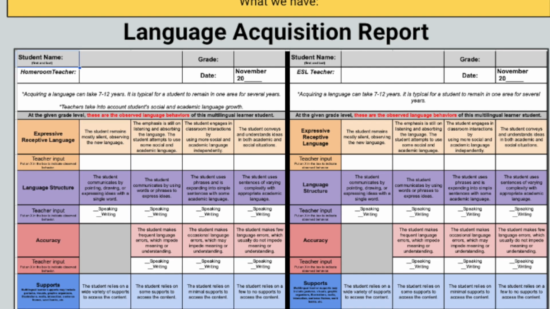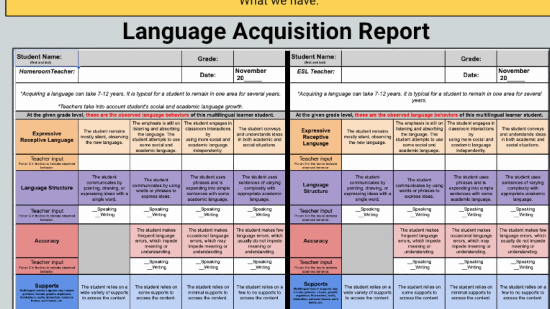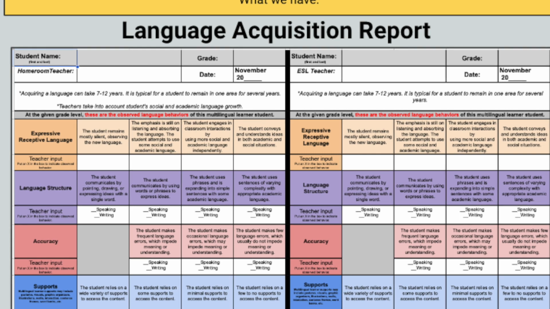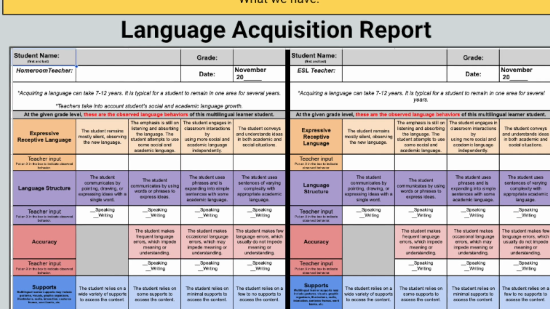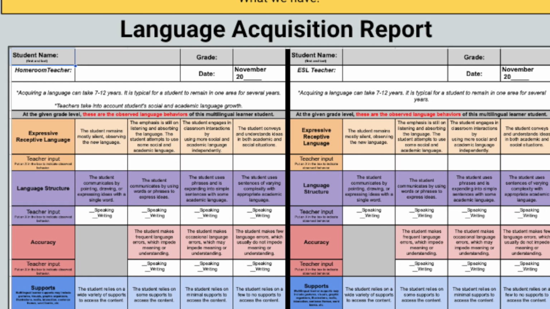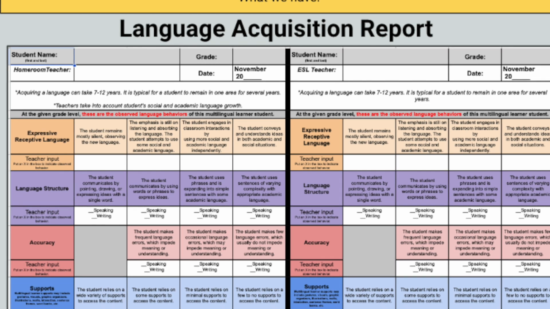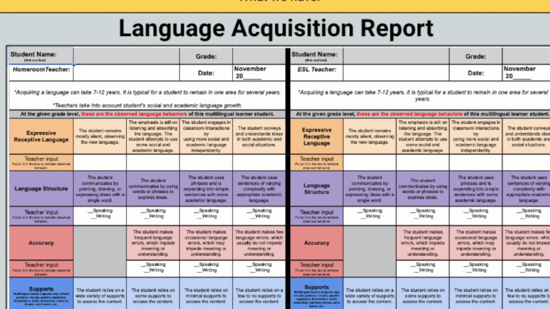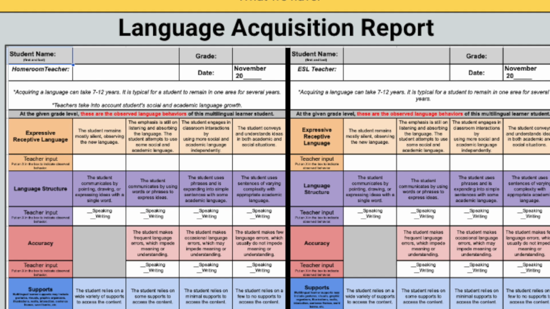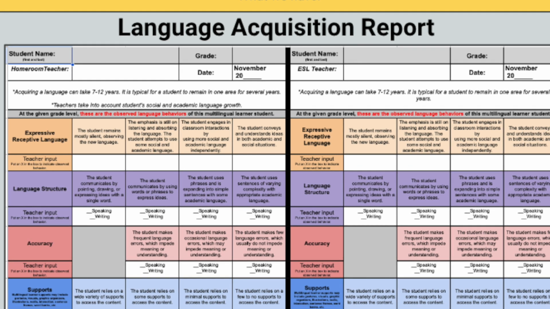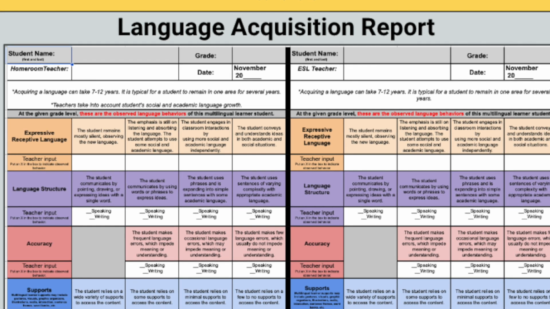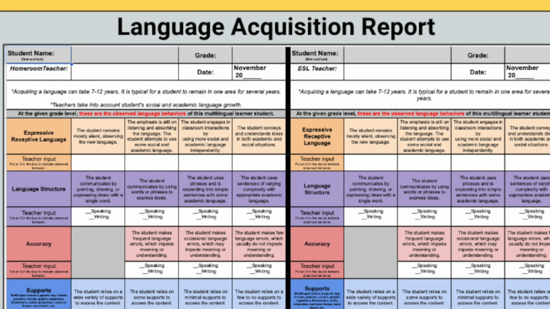Do they make frequent errors that could impede meaning, or is there only a few language errors that do not impede meaning? And lastly, we're going to talk about the supports that we're offering in the classroom. Does the student rely on a wide variety of supports, or maybe just minimal supports? And so you can see how this can be applicable to any grade level in any content area.